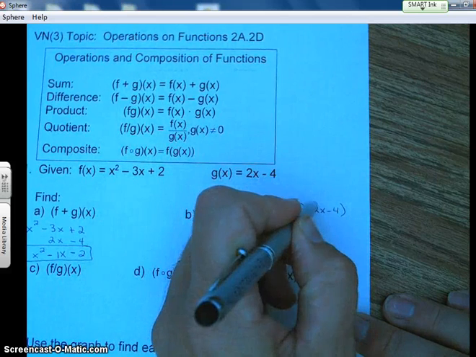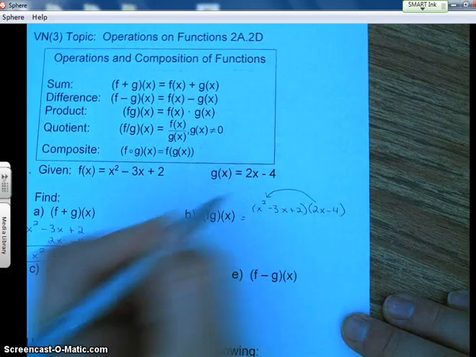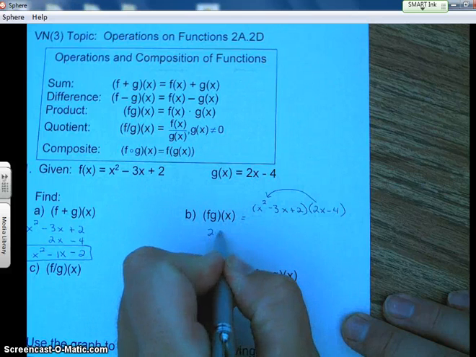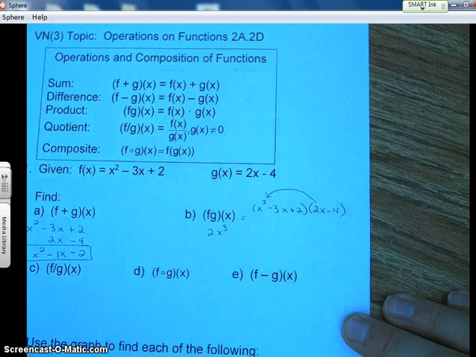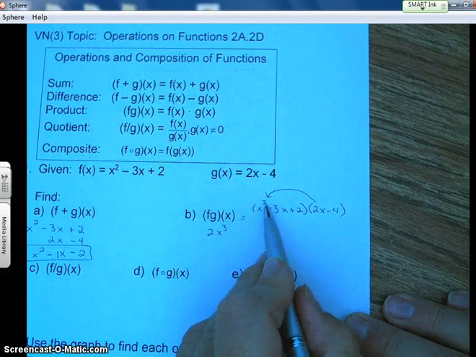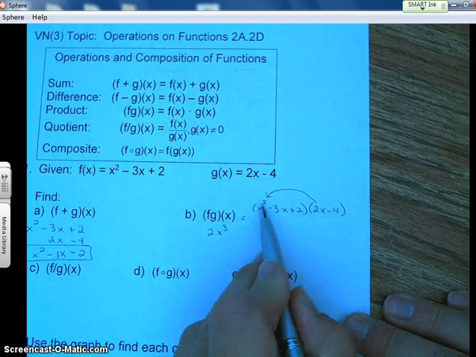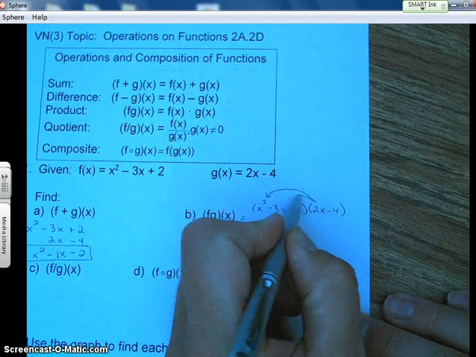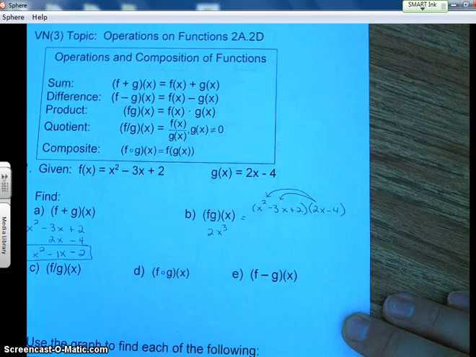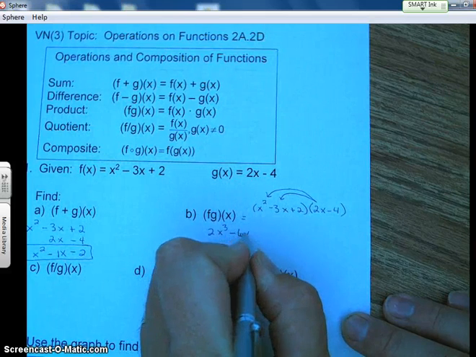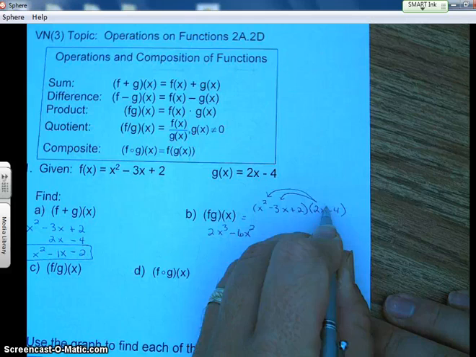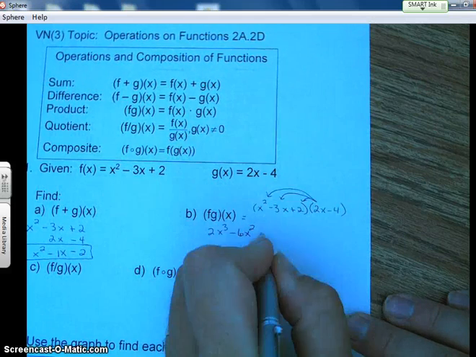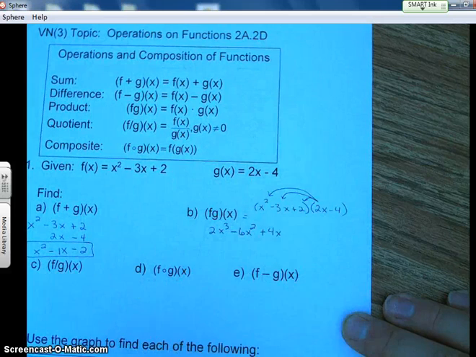So 2x times x squared is going to be 2x cubed, because remember, when you multiply like bases, you add the exponents. 2 plus 1 is 3. 2x times negative 3x is negative 6x squared. 1 plus 1 is 2. And then 2x times 2 is 4x.